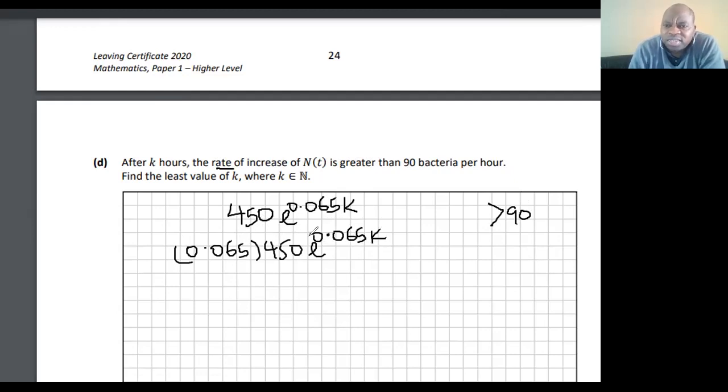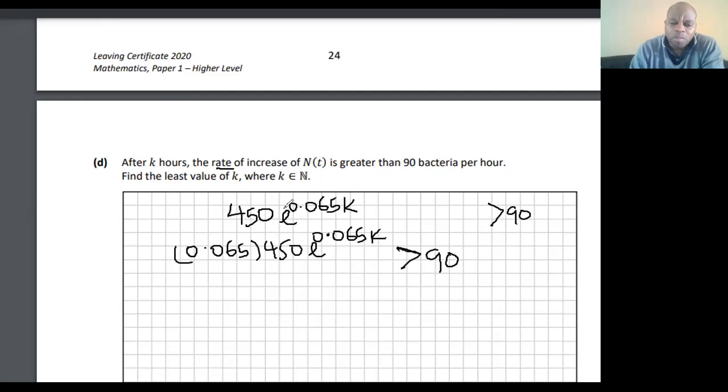So when you differentiate it, your answer is greater than 90. That is what it implies. Then find the values of k. So what do we do? Let's simplify that.